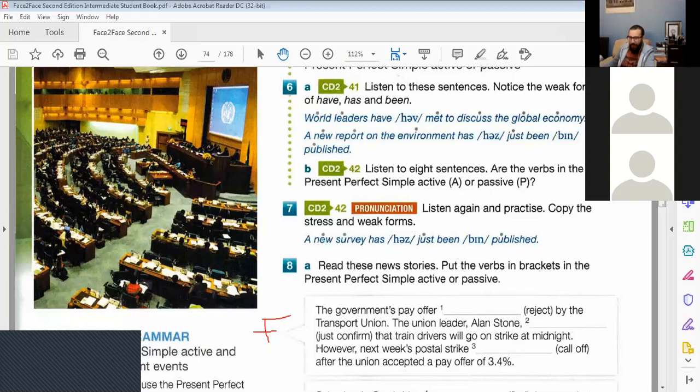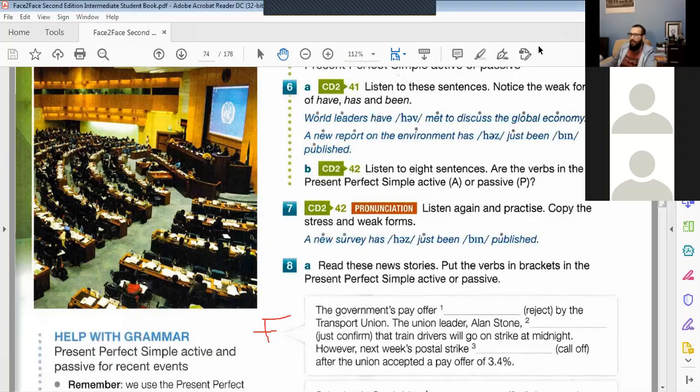Track 40. Yes. 6. The targets haven't been met yet. I think we answered that one. 7. The pay offer has already been rejected. We answered this one. 8. The last one. The workers have already rejected the pay offer. We answered all of them, the last one was active. Okay, yes. I paused the track, the clip had finished, I stopped by mistake.